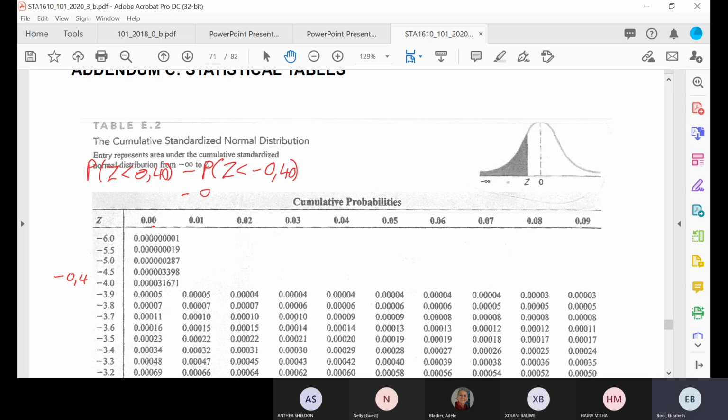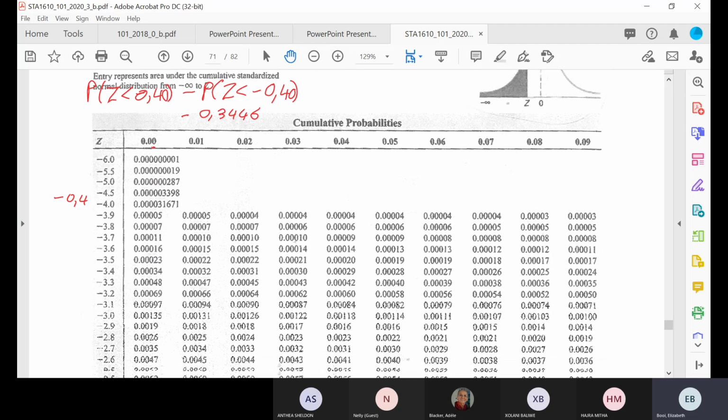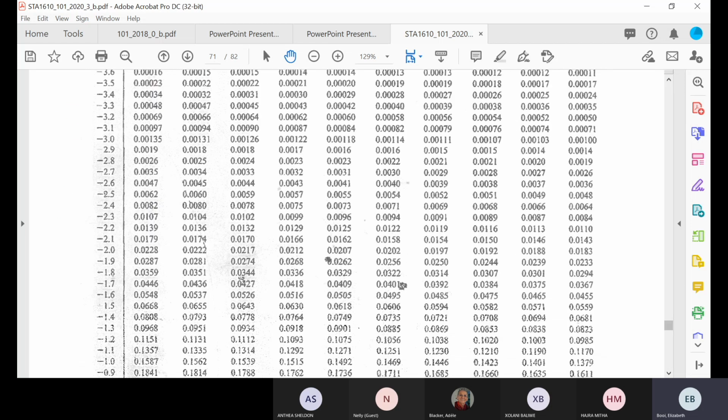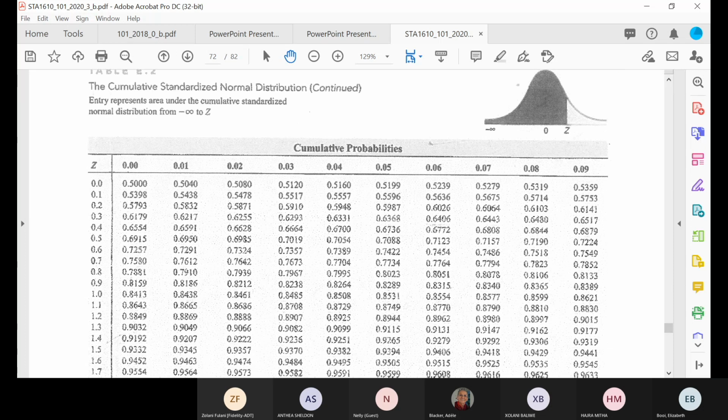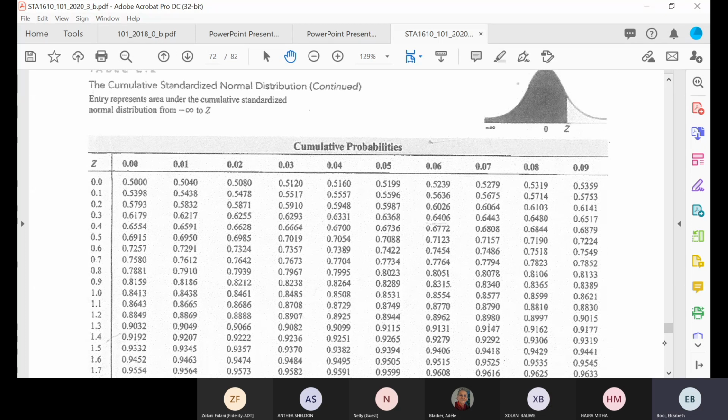So we had 0,3446 for the minus 0,4. Looking at 0,4, we go to the positive side of the table. This is the positive side. We look for 0,4 and 0 at the top.